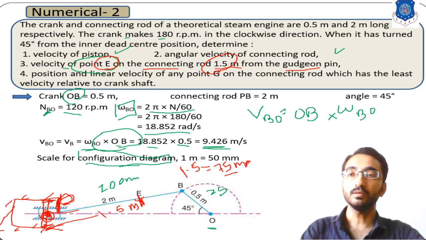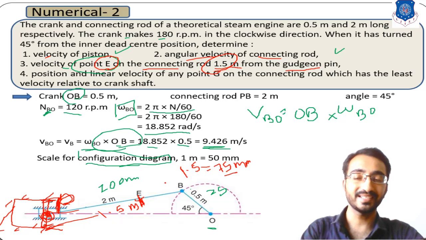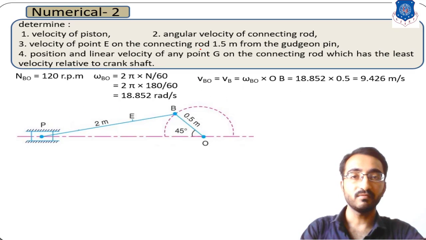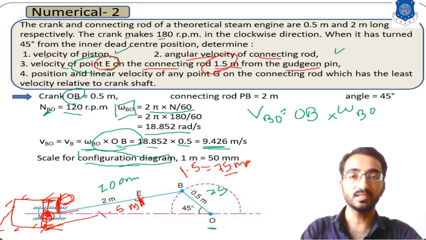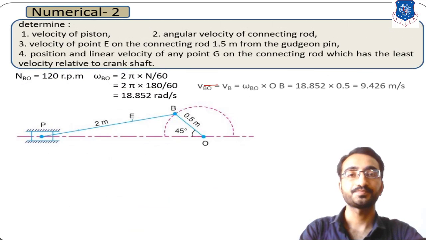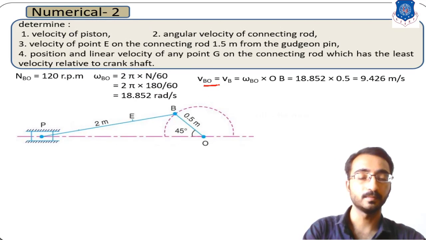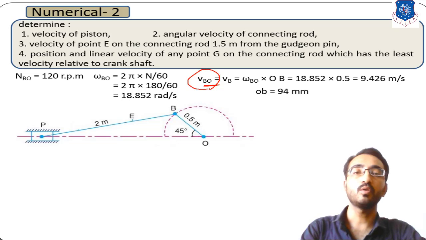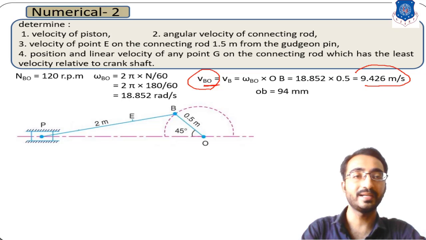Now to calculate the velocity of the piston and the angular velocity of the connecting rod, we have to sketch the velocity analysis diagram. In the velocity analysis diagram, what we will need is the linear velocity of the crank and the configuration diagram that we have sketched previously. In the previous procedure we sketched this configuration diagram, so we will use it along with the linear velocity of link BO. Now we have to consider a velocity scale for the velocity diagram, because over here the velocity is 9.426 meter per second.